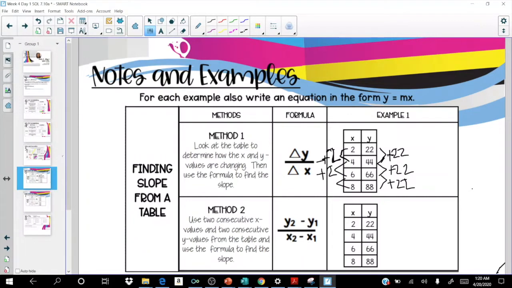To go from 6 to 8, you would add 2. Okay? Now, after you do that, you are going to use the formula change in y over the change in x. So my change in y was 22 over change in x, which is 2. So 22 over 2 will give you 11. And that is our slope.